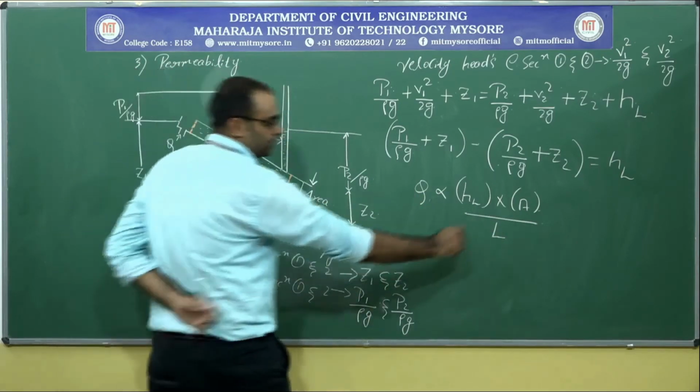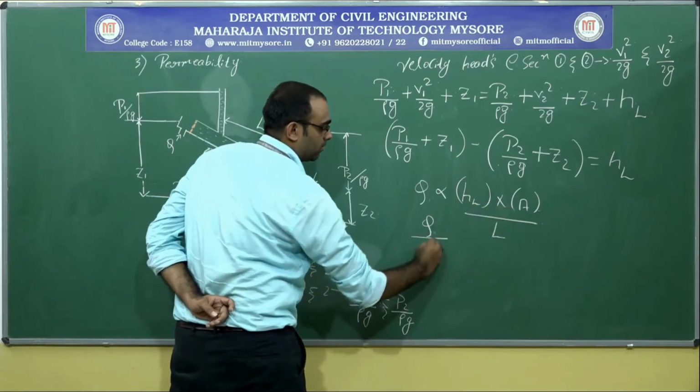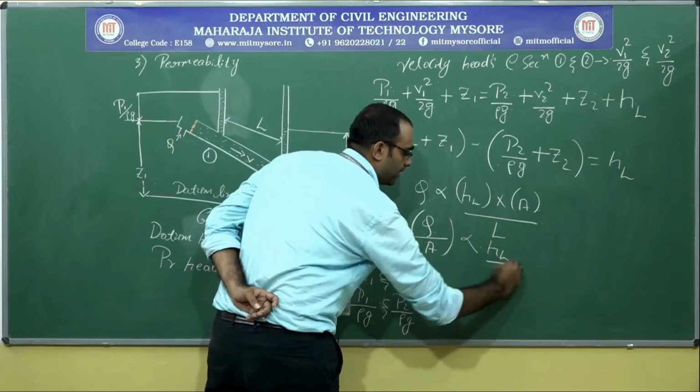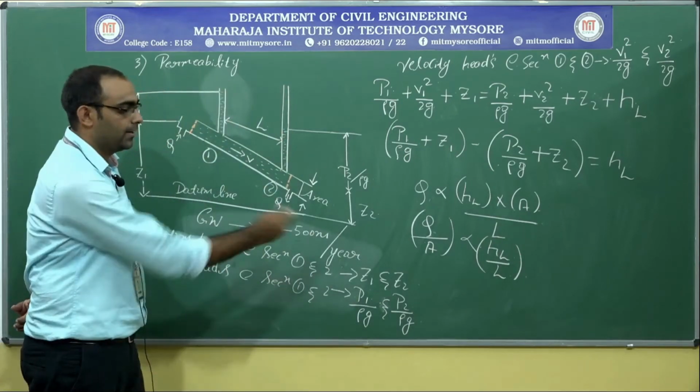Look here, what I am going to do is bring this A to the denominator of Q, and write it as HL by L. What does this Q by A represent?